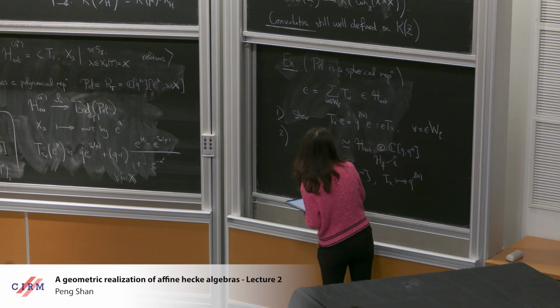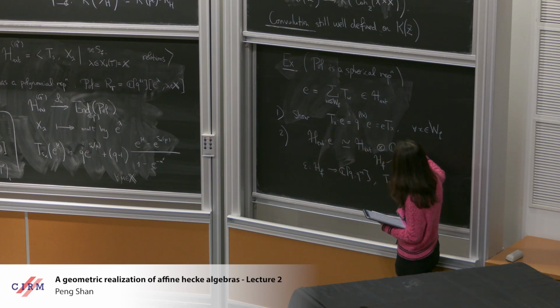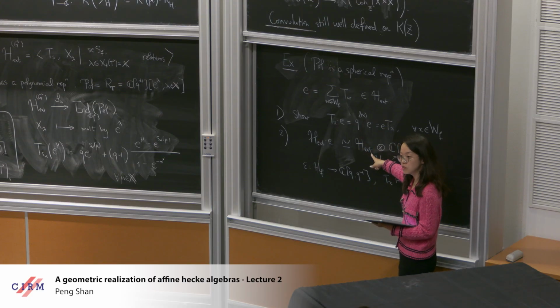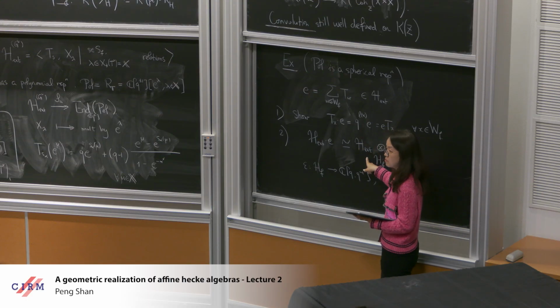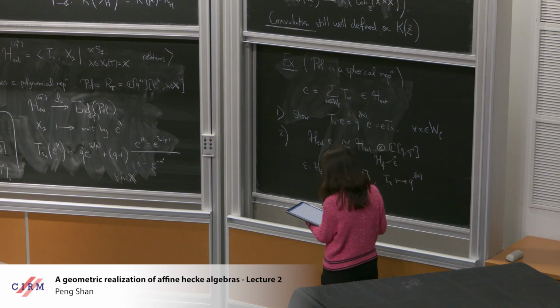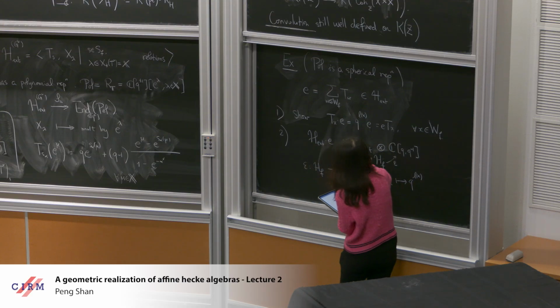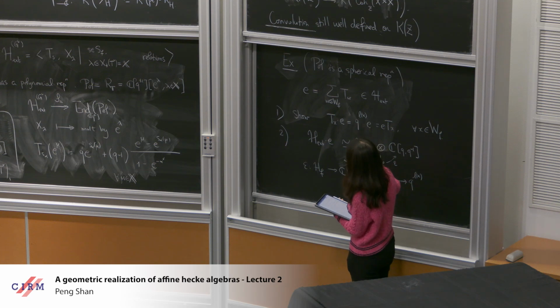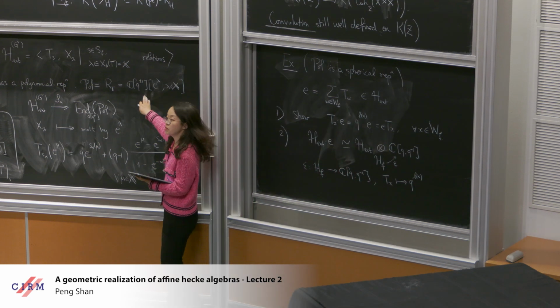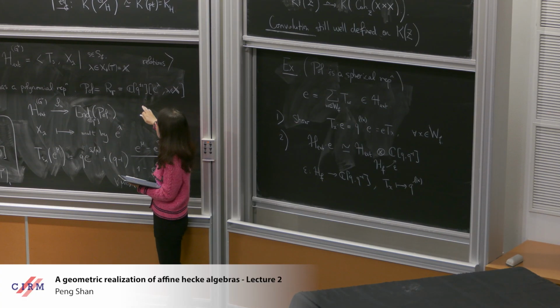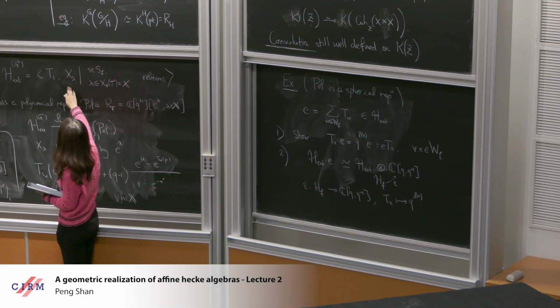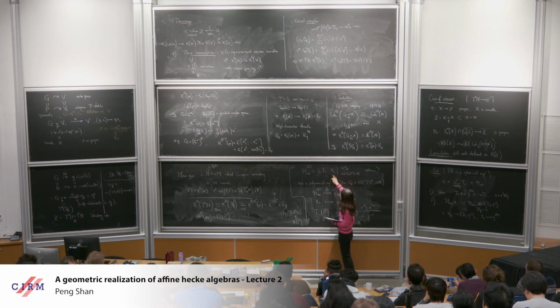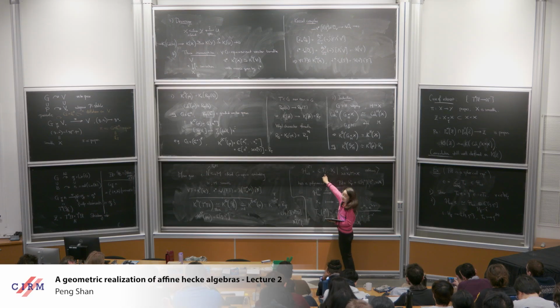It gives a well-defined character on H_F, and therefore you have the induced module, and then you check these two are isomorphic as modules. And from this, you can see that as a space, this has the same size as the polynomial representation, because the affine Hecke algebra has a basis given by x^λ, like the Laurent polynomials in x^λ, and then times the T_w for w in the finite Weyl group.